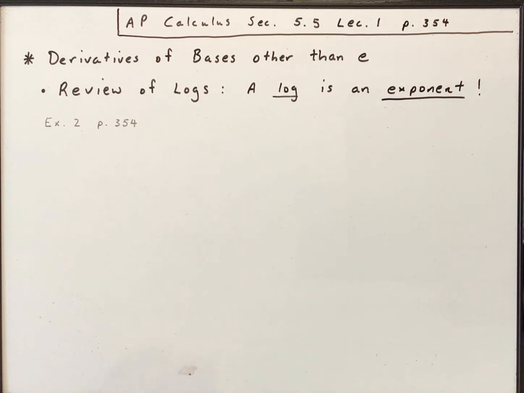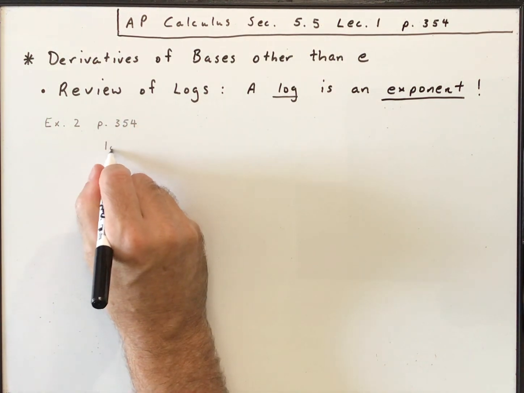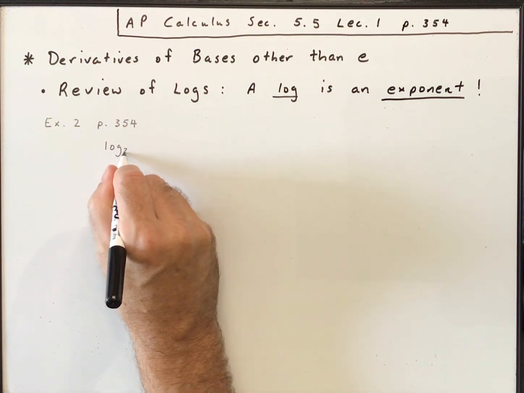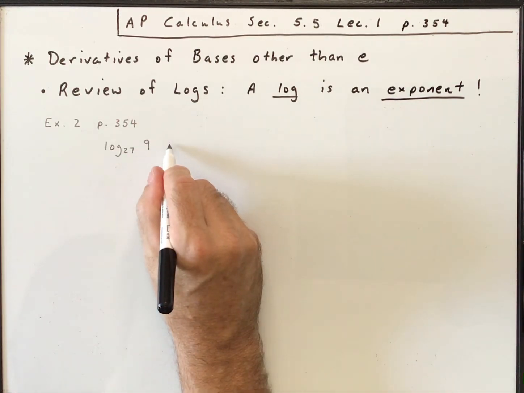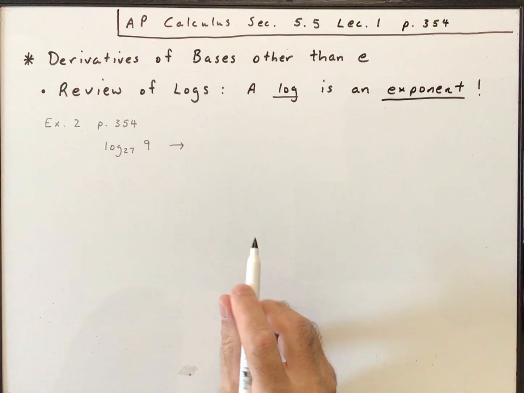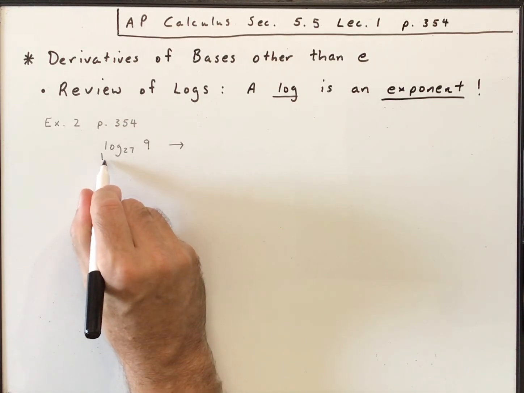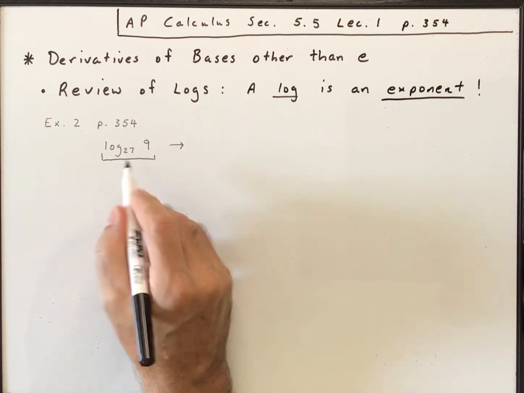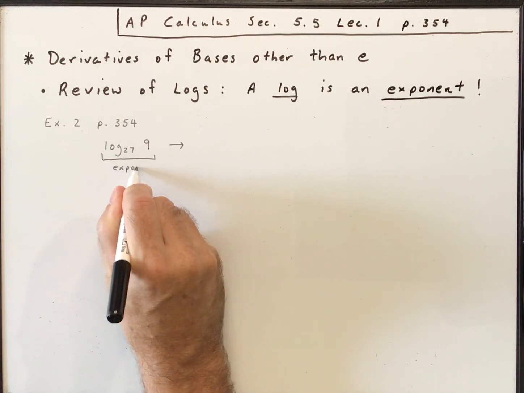So let's look at number 2 on page 354, where we are given log base 27 of 9, and we want to convert that to an exponential expression. So a log is an exponent. So that means this entire expression is just another way of writing an exponent.